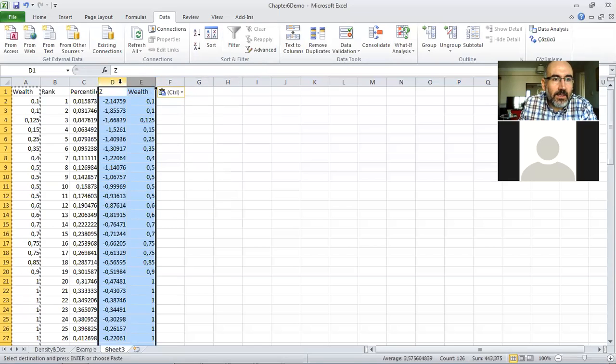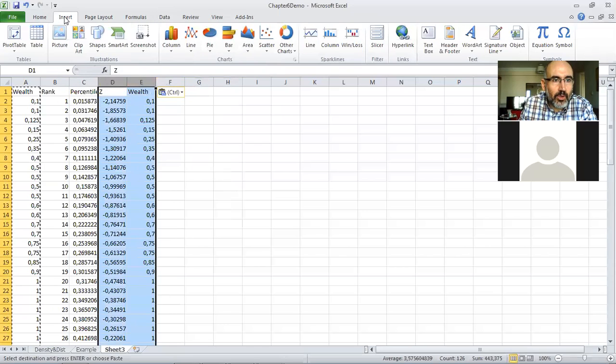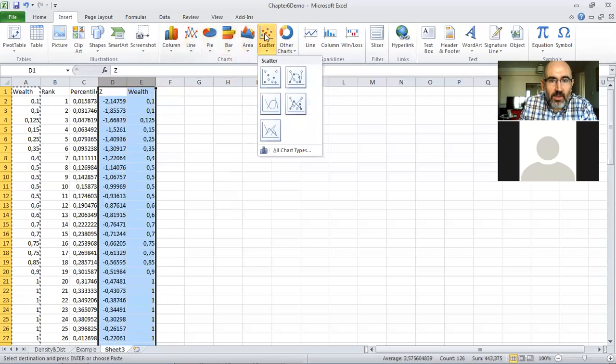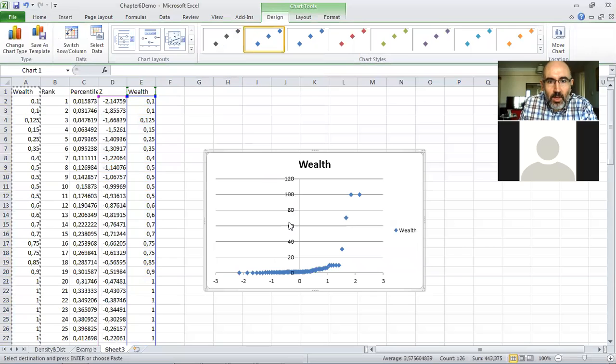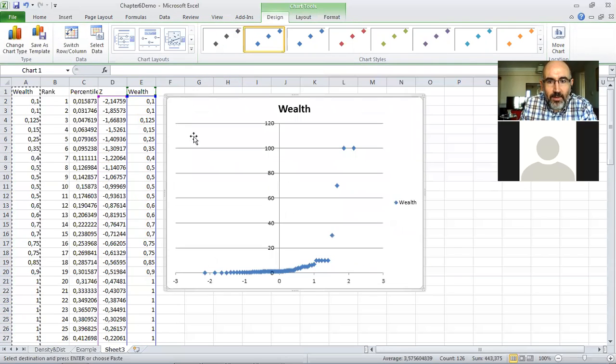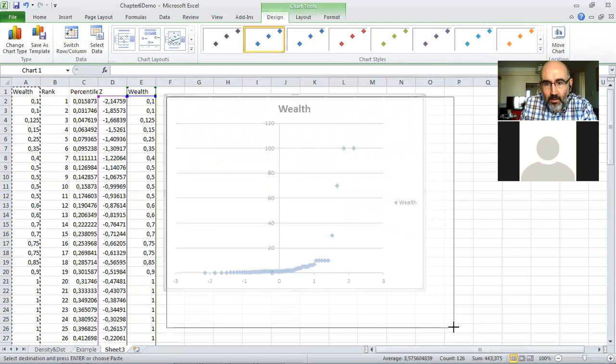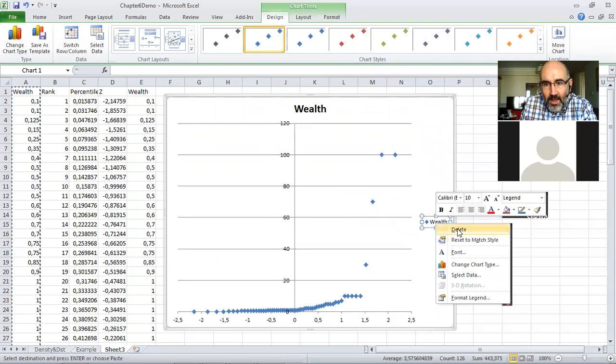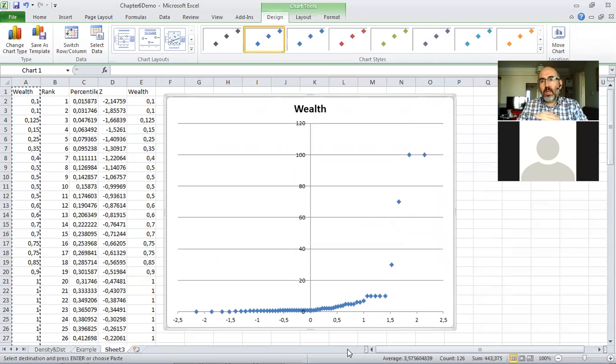Now I want to insert a scatter plot, and let's make it slightly bigger. So now you can see there is a shape here which is associated with heavily right skewed data.